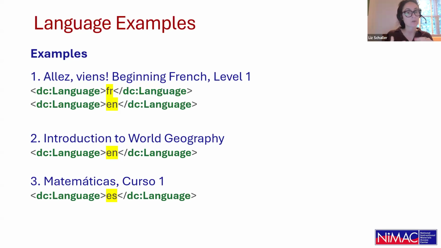Then in example 2, this is just an English language textbook, so you supply just a single language there. And then for example 3, this is a textbook that is entirely in Spanish, so you would only use a single language there, Spanish.